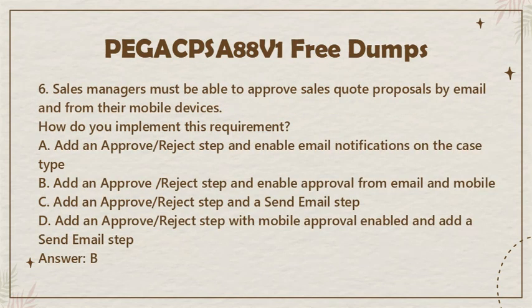6. Sales managers must be able to approve sales quote proposals by email and from their mobile devices. How do you implement this requirement? A. Add an approve, reject step and enable email notifications on the case type. B. Add an approve, reject step and enable approval from email and mobile.